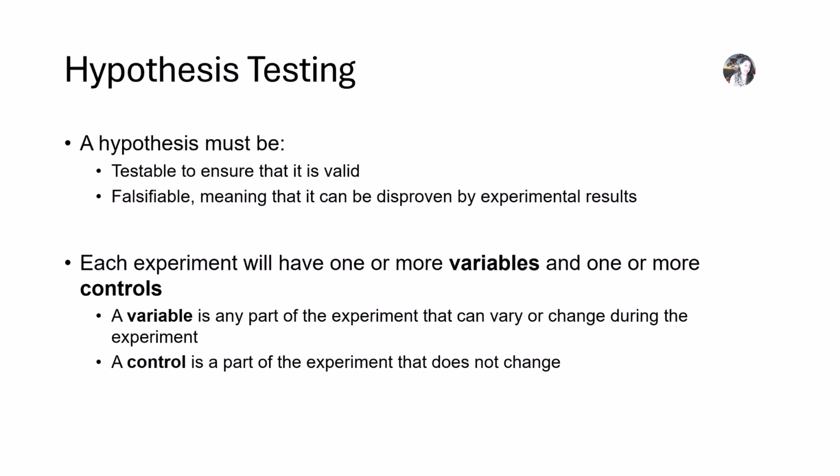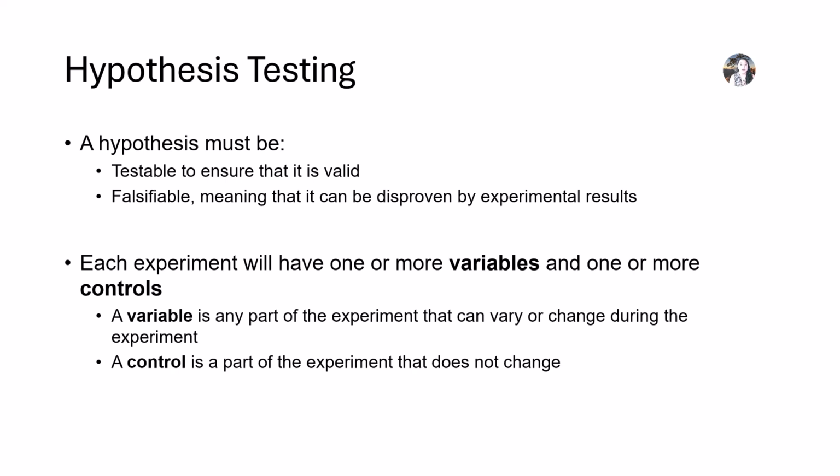That is a very interesting question, but it's not something that we really can test. So that would not necessarily be an experiment that you can perform. Does that make sense? So a hypothesis has to be testable to ensure it's valid.